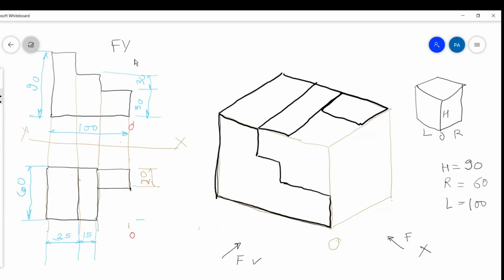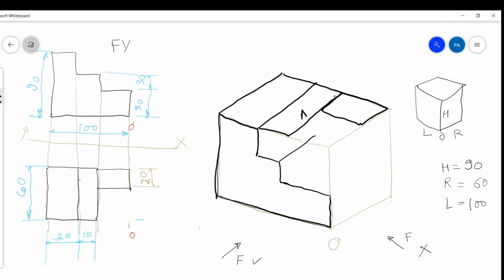But then again, if I see the front view, I see that from this point to this point, this area is open, this is hollow, there is nothing here. So if I move this rectangle from this position to this position, will it be correct? Yes, still I can see the same top view.